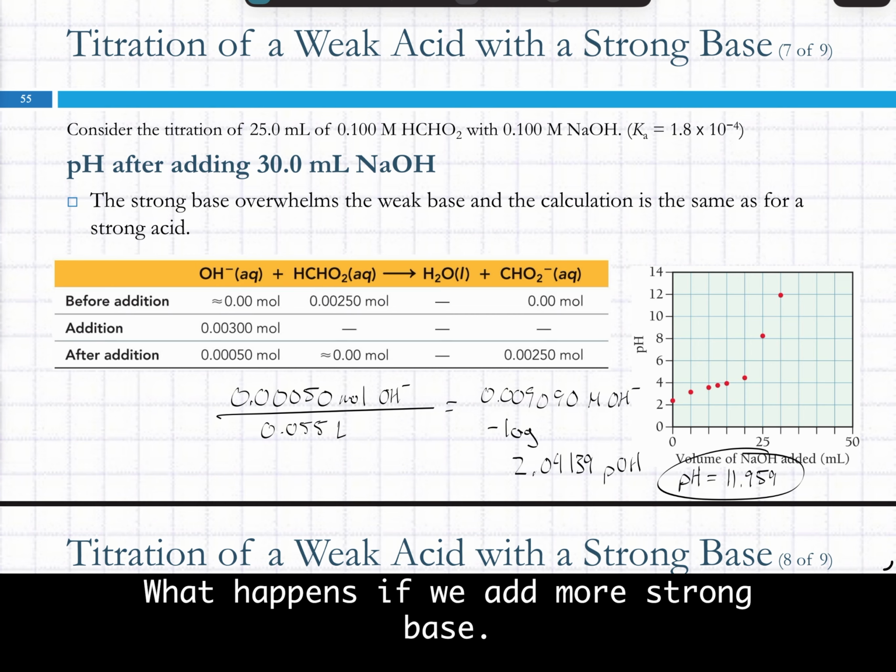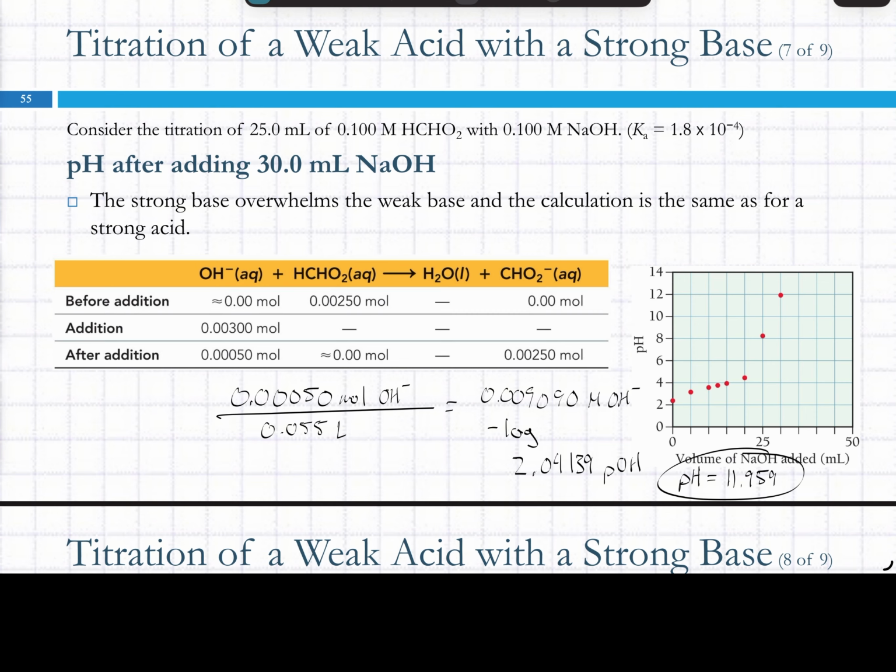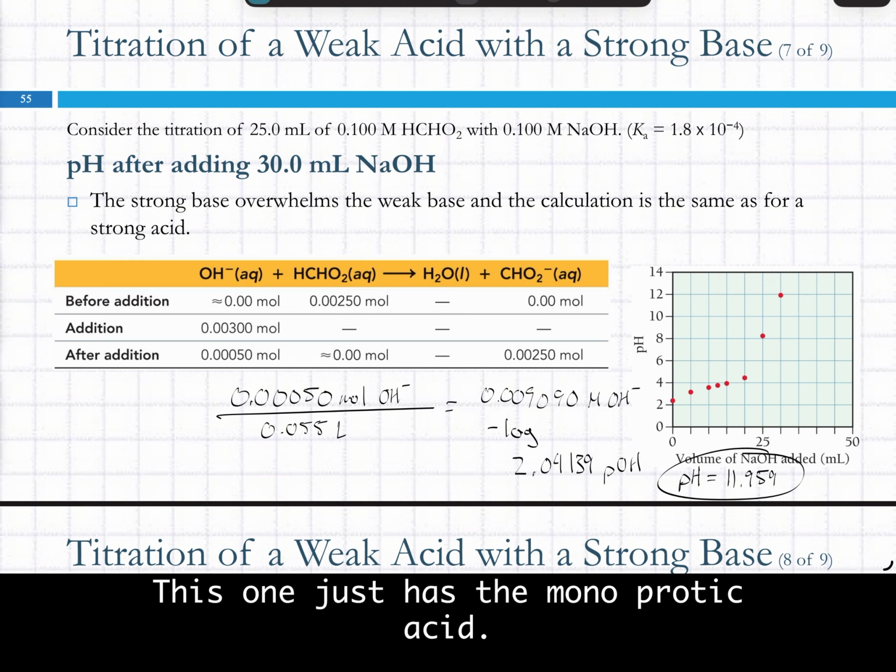What happens if we add more strong base? If it was a diprotic acid, then we'd hit the next buffer zone. This one just is a monoprotic acid.